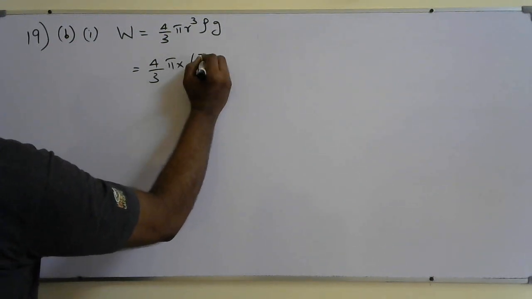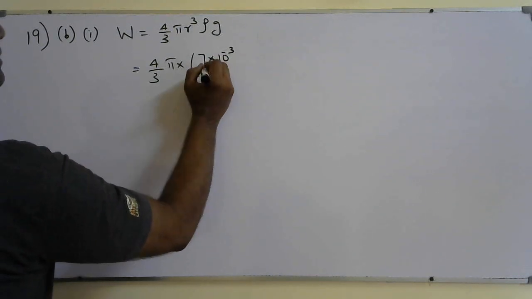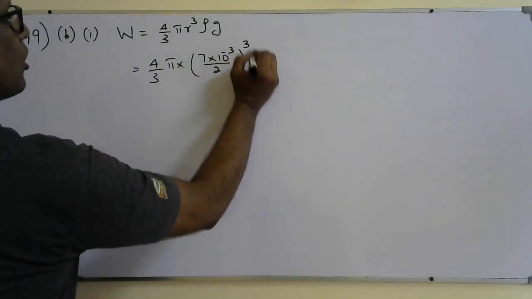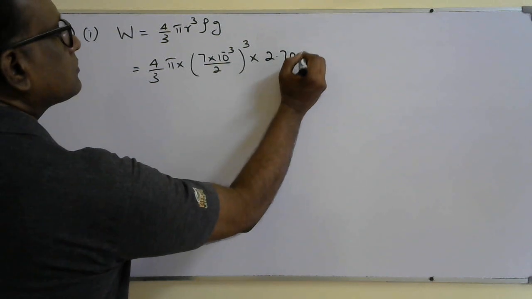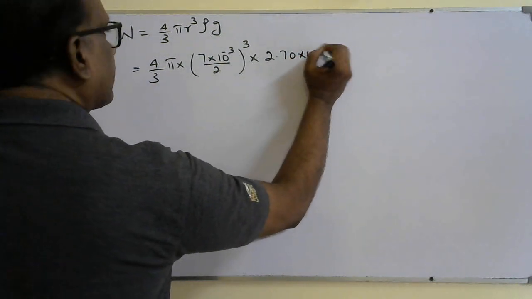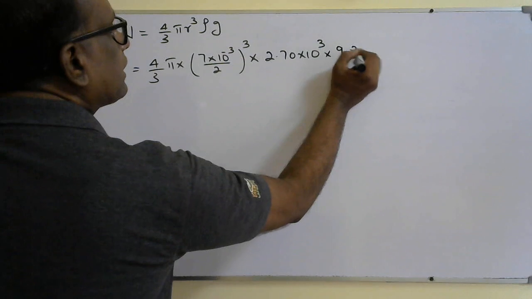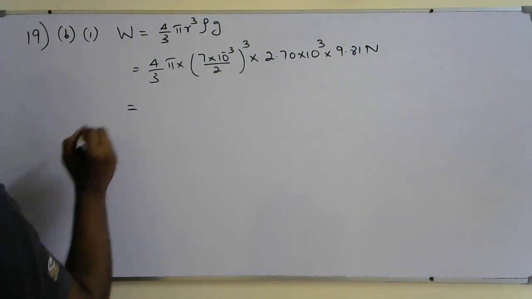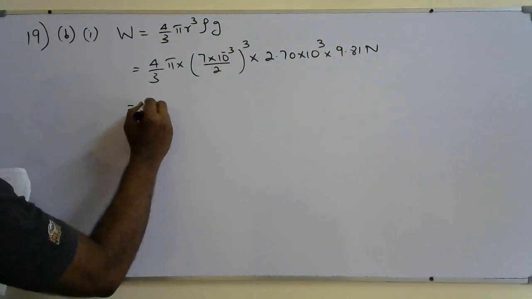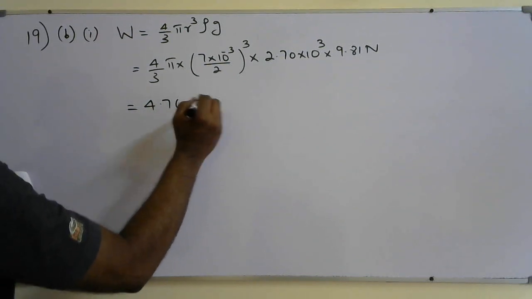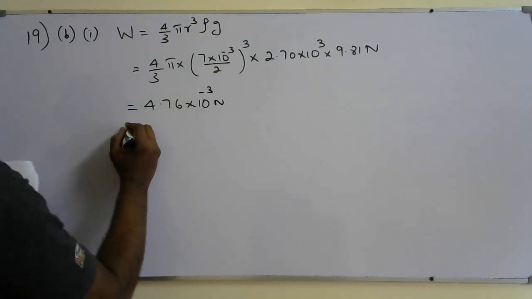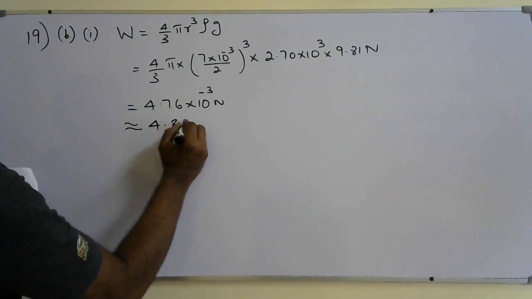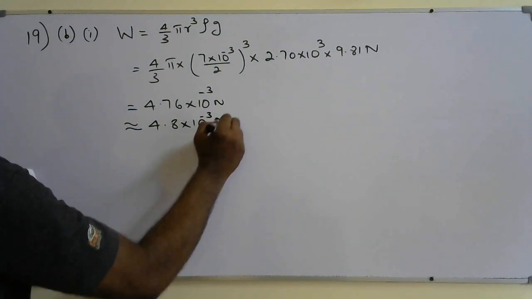So radius will be (7 × 10^-3 divided by 2) all cubed, into density of the aluminium, given 2.70 × 10^3, into 9.81 newton. So the answer will be 4.76 × 10^-3 newton, approximately 4.8 × 10^-3 newton.